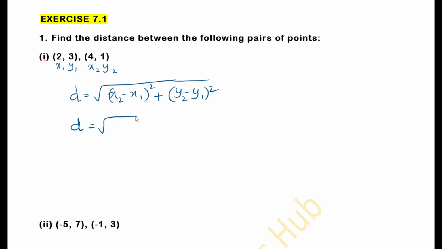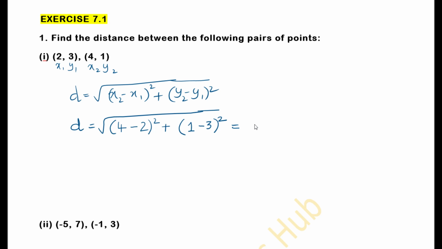Now substitute the values of x1, x2, y1, y2. What is x2? x2 is 4. 4 minus x1 is 2 whole square plus what is y2? y2 is 1 minus y1 is 3. Right, as it is. Now square.